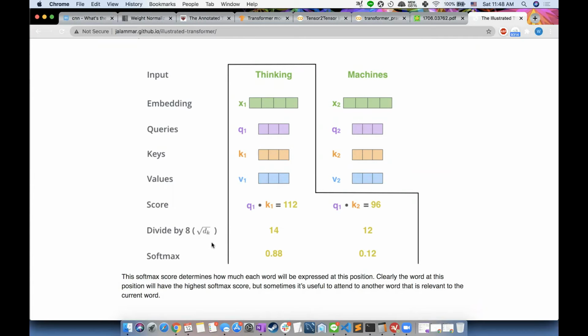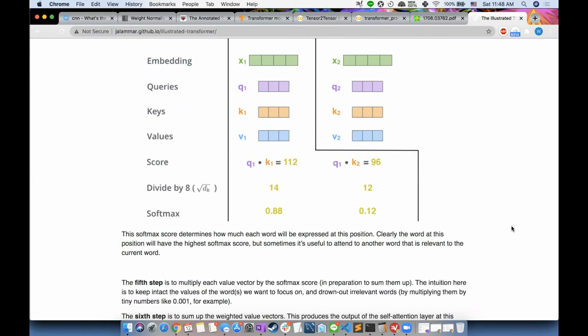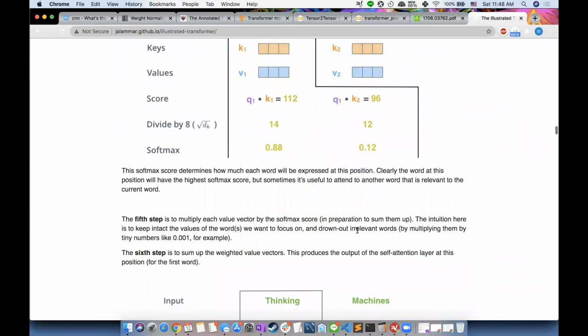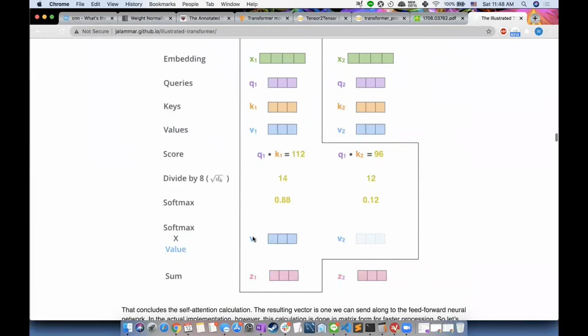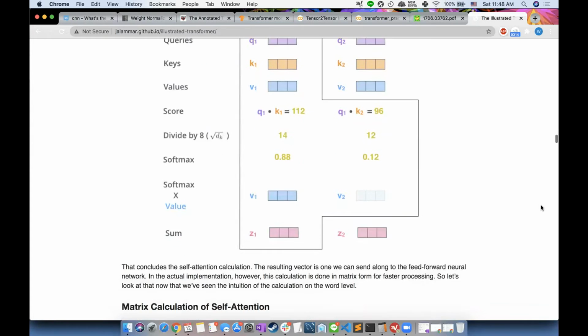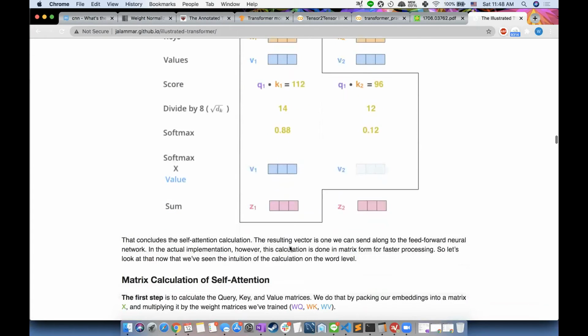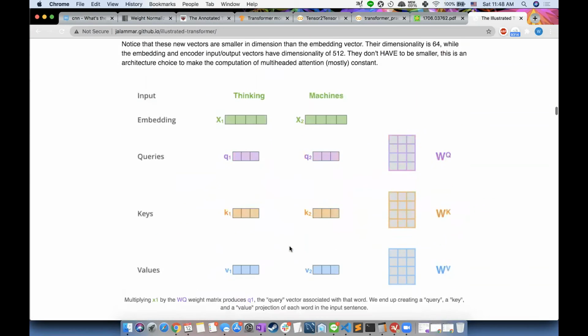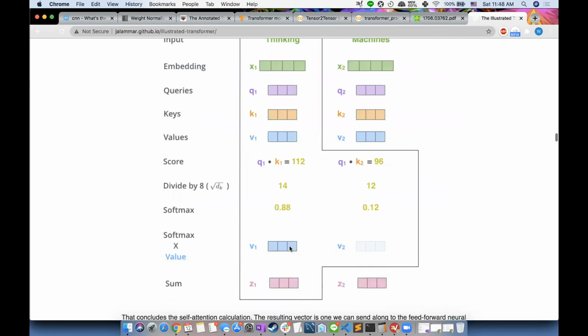Again, a bunch of scalars, softmax, normalized to 1, times the value vectors, a bunch of value vectors times the softmax score, sum them up to Z1. That's how you calculate self-attention.